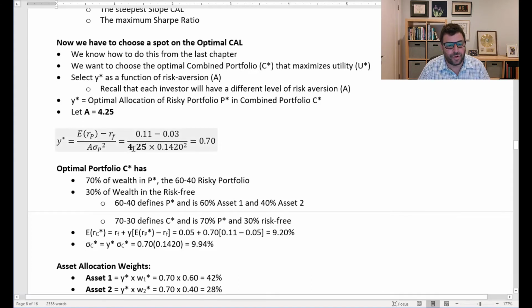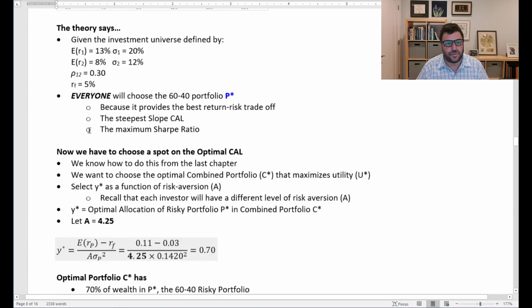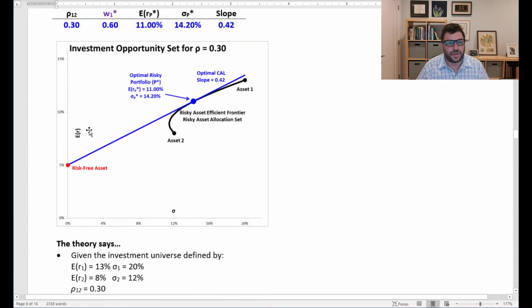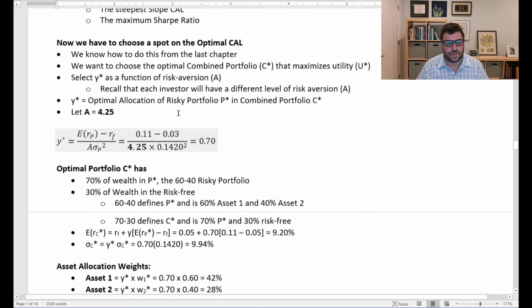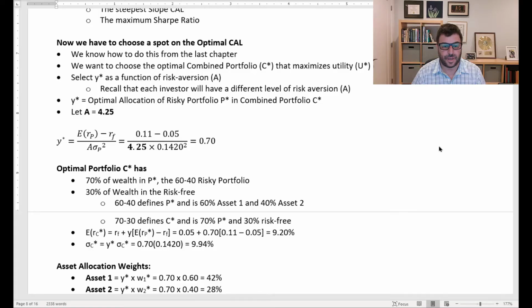We plug in 4.25, we plug in the statistics for P star, which we know are here, 11% and 14.2%, and 5% for the risk-free. And we get 0.70 for y star. So how do we interpret this?